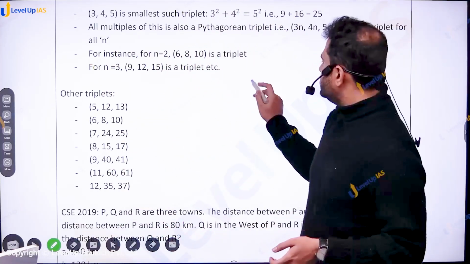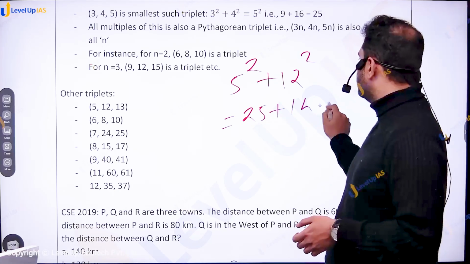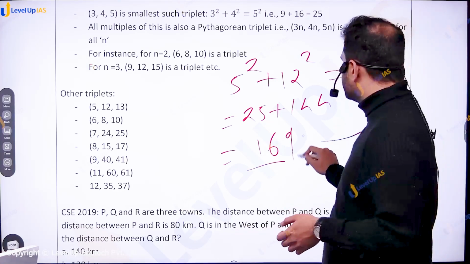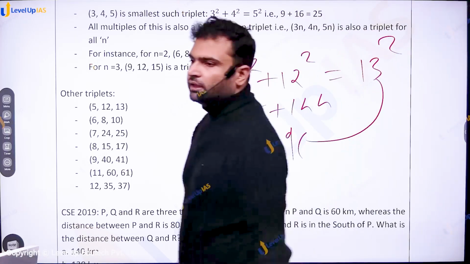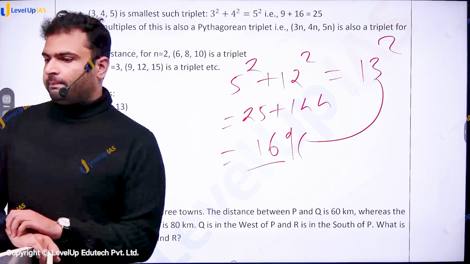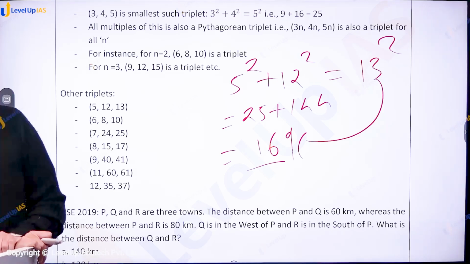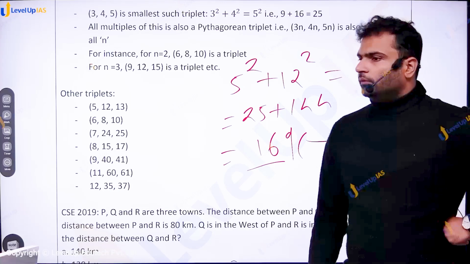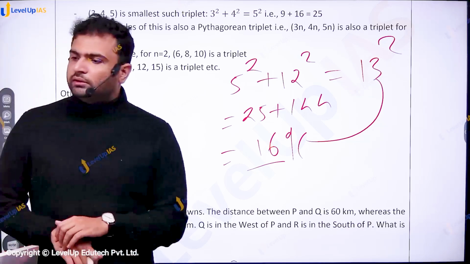Let us see, it should. 5 square plus 12 square is equal to 25 plus 144 equal to 169, which is the same as 13 square. Does it follow? Why does it not, yaar? Manisha, does it follow or not? Check it, it absolutely follows. No, that is different. That is correct.